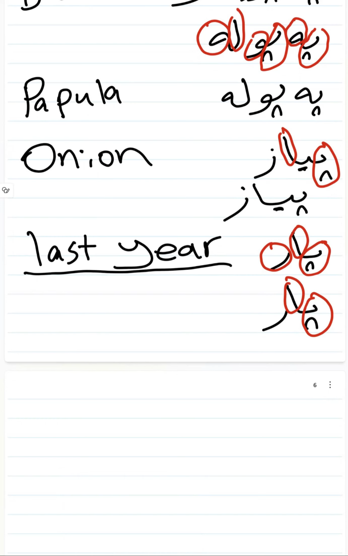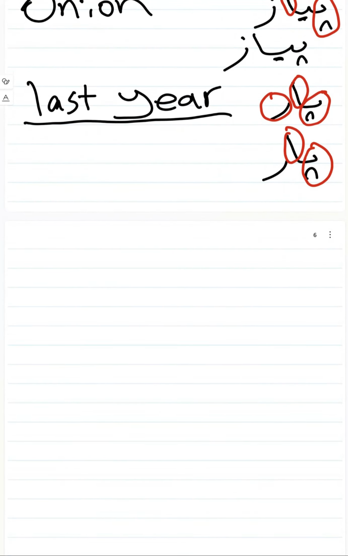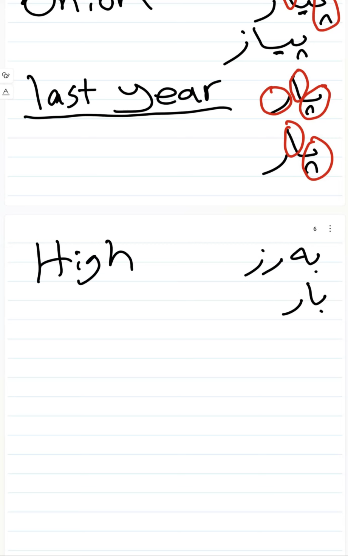P, R, R. Okay, so let's stop here and let's just recap to see what we've learned so far. Well, in this lesson, we learned baris, which meant high. We learned baran, which meant rain. We learned bro, which meant go, as in telling someone to go.